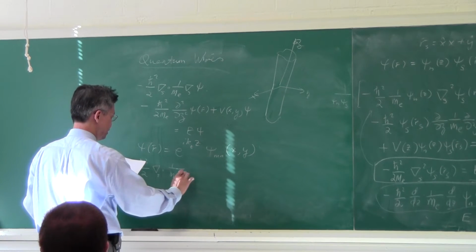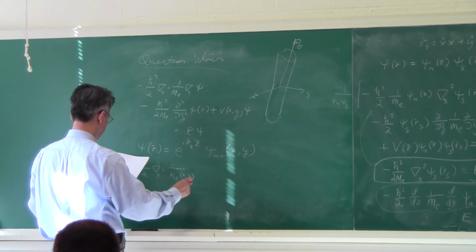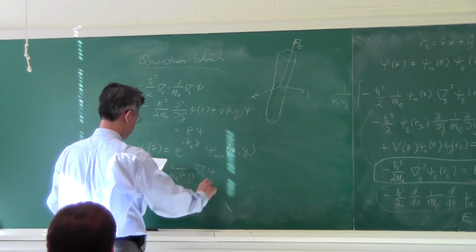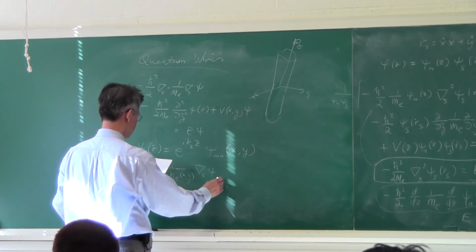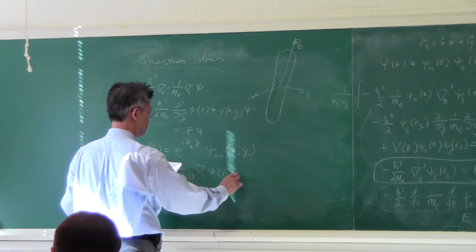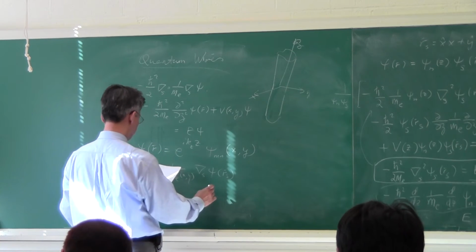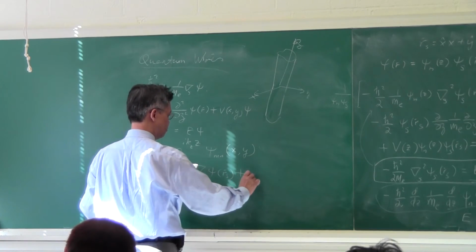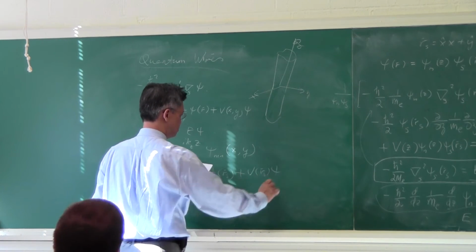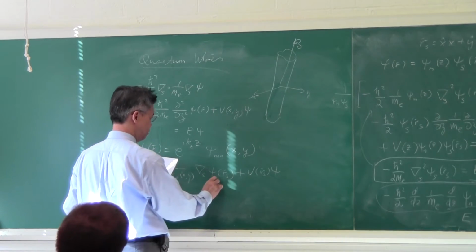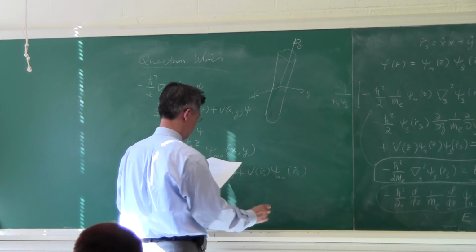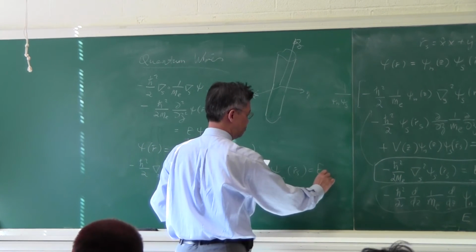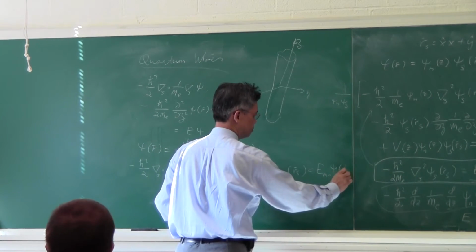This would be a function of x and y, for instance. Psi of Rs plus V of Rs psi, this should be Emn of psi Rs.